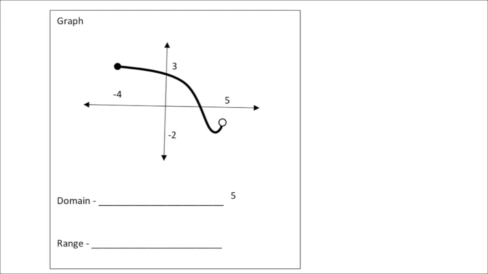Our next example will be an actual graph. Now this can be a little tricky, but we're going to do this the easy way. Domain will be everything from here to here, so we'll say it's everything between -4 and 5.